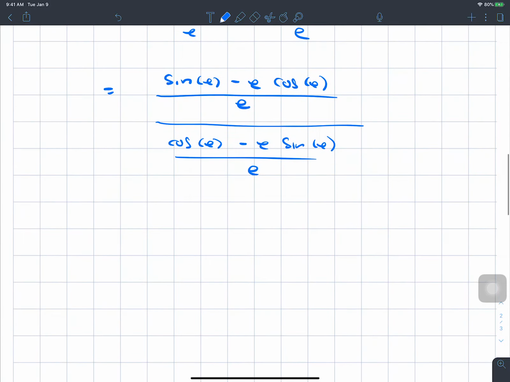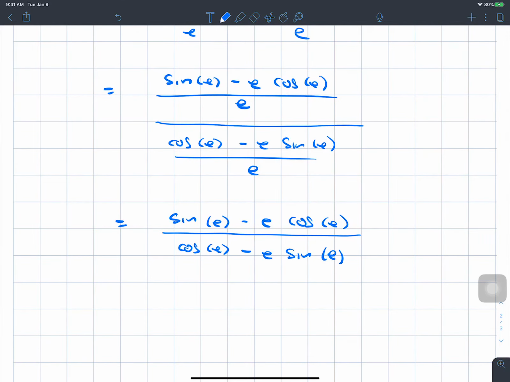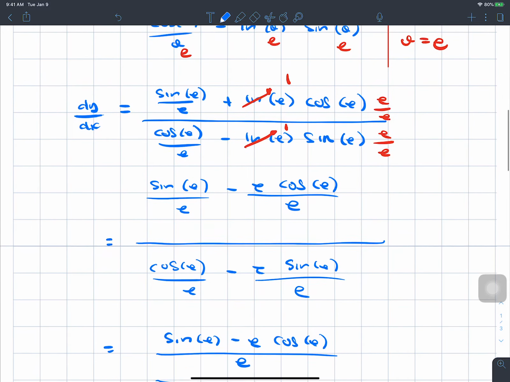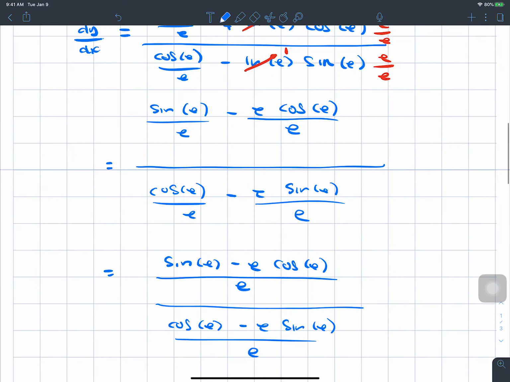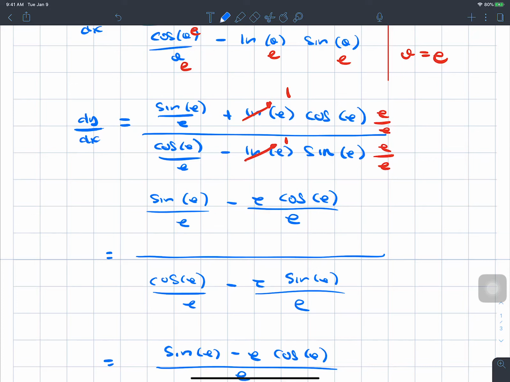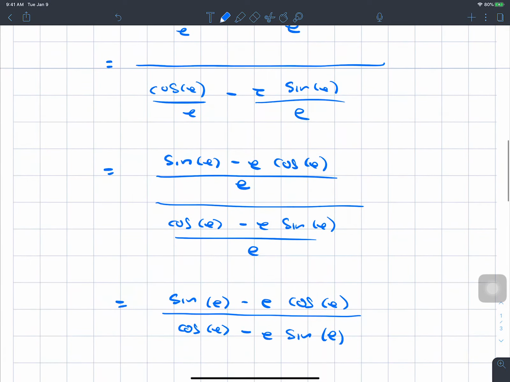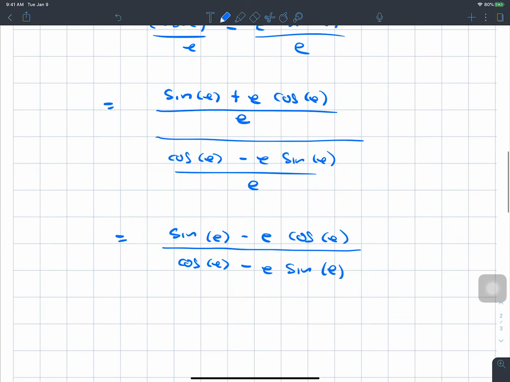We get a complex fraction, and when you do the division of a complex fraction, doing that algebra, you get sine e minus e cosine e over cosine e minus e sine e. Yeah, so here's my numerator. It's still there. This is again my m tangent.